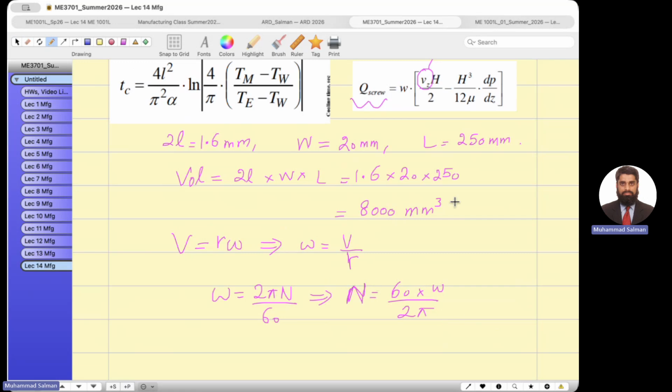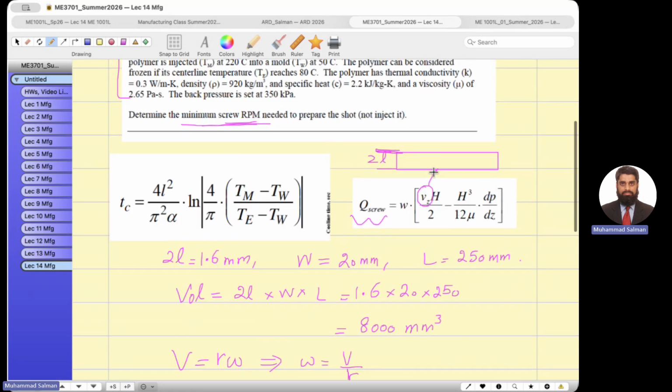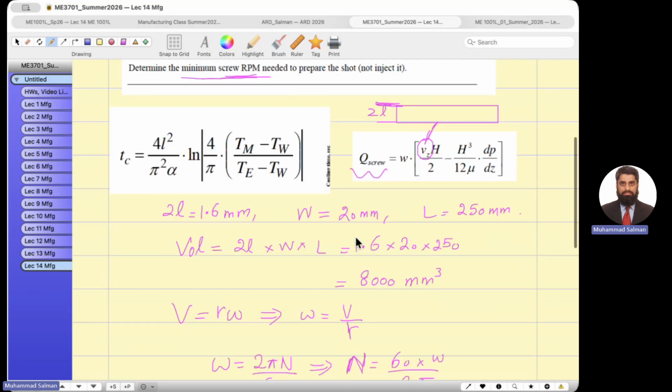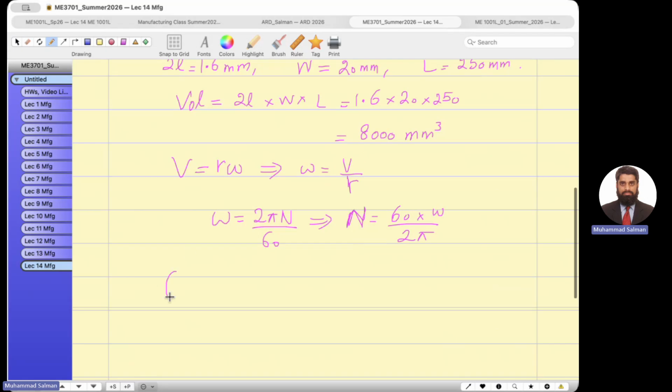My main objective is to find out Vz, because the remaining data is given in the formula. So let's find out what is Q. Q is the discharge or the flow, volume divided by time, and time is the cooling time for the part.